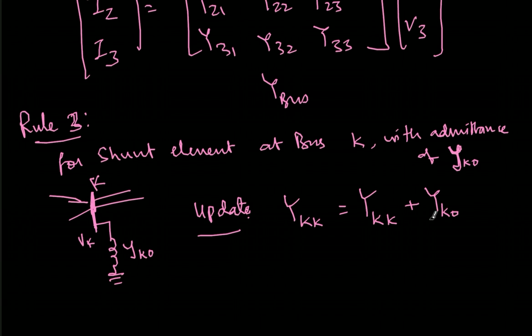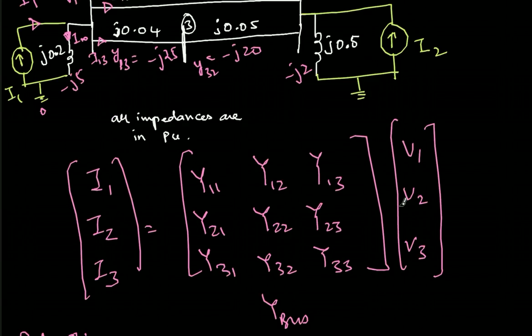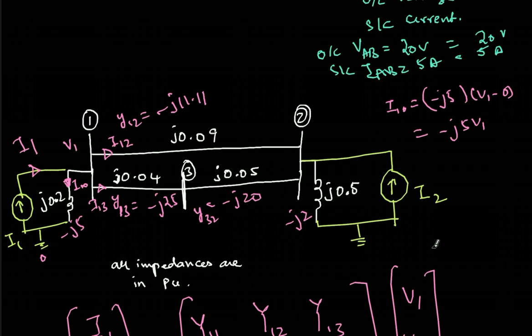But since it is Y, if you are talking about a shunt reactance, then the shunt reactance admittance will become negative, and this YKK is already negative, so it will just add to that. Regarding sign, you just look at the problem that we are now solving, and you will understand it. Anyway, let's come back to this.